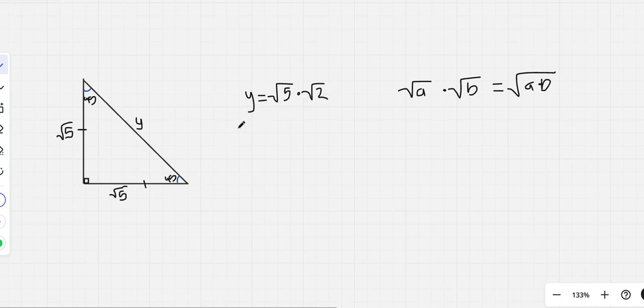Square root of 5 times the square root of 2 is equal to the square root of 5 times 2. Which is simply equal to the square root of 10. Because 5 times 2 is 10. That's our answer. Good job, everybody.